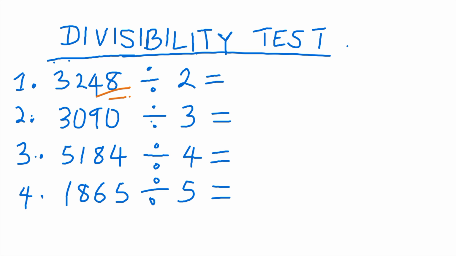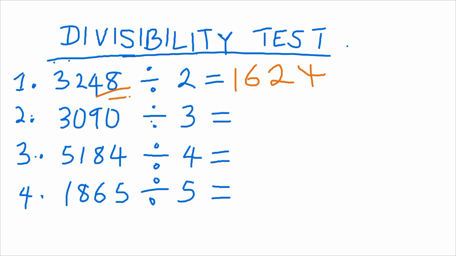So if that last number is either an even number or 0, then you know that that number is divisible by 2. So 3,248 divided by 2 will give us 1,624.